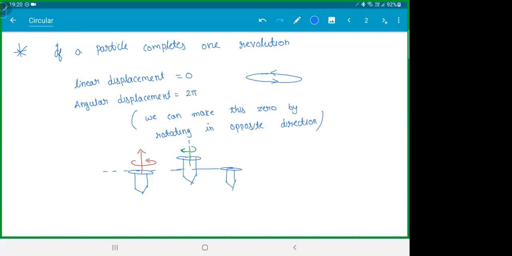Clear? I hope this was clear, everyone. If you make one revolution, linear displacement is zero, but angular displacement will be 2 pi. If you rotate in the opposite direction, it will be zero.